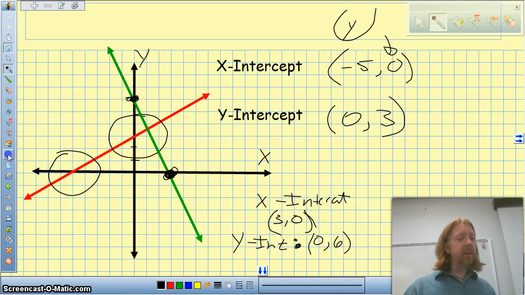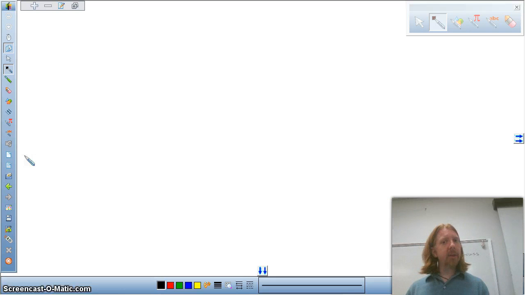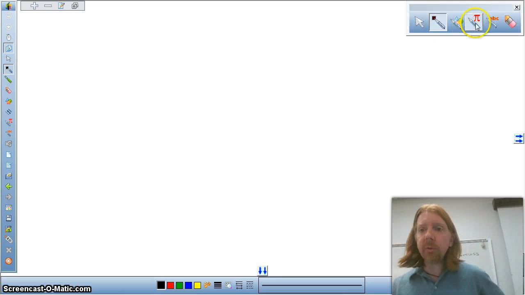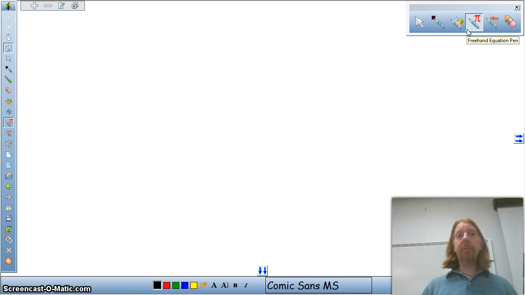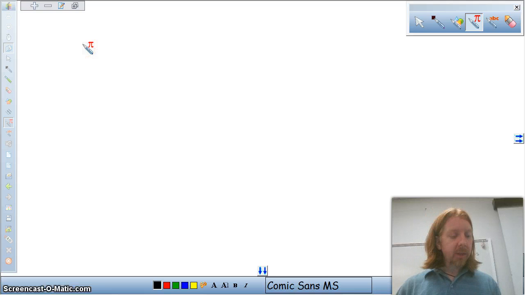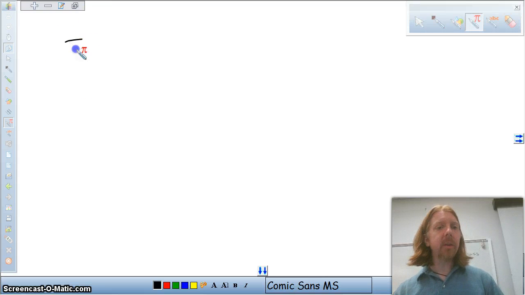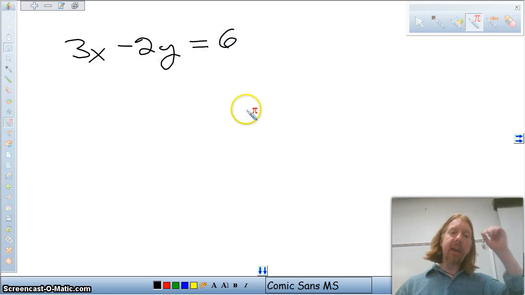Now this changes if we don't have a graph to look at and we're simply looking at an equation. I want to do 2 of those with you as part of this review, so when we come into class we can begin practicing these skills. If it's given to you in standard form, say I've got this equation, 3x minus 2y is equal to 6.